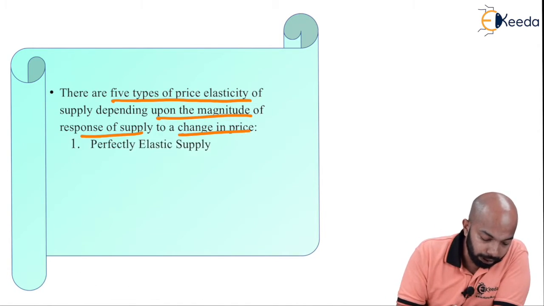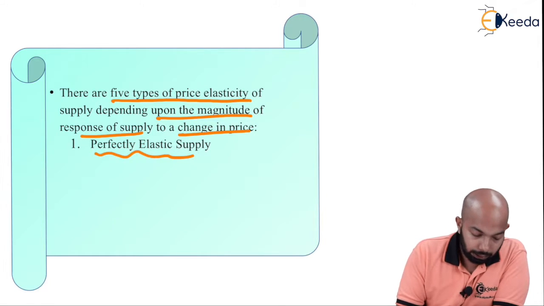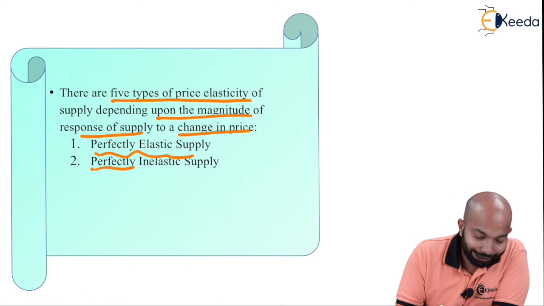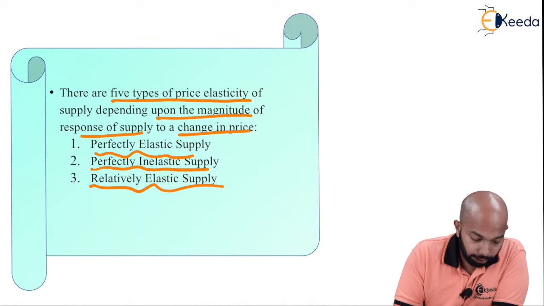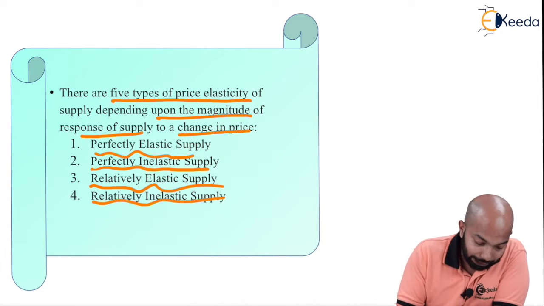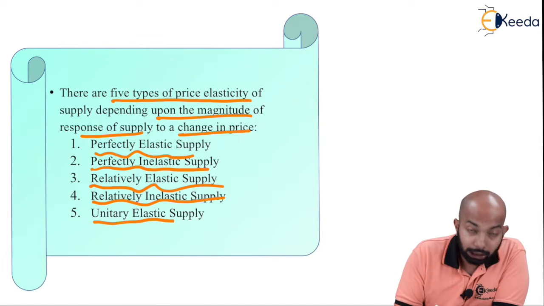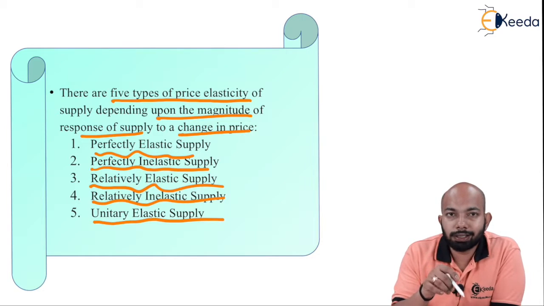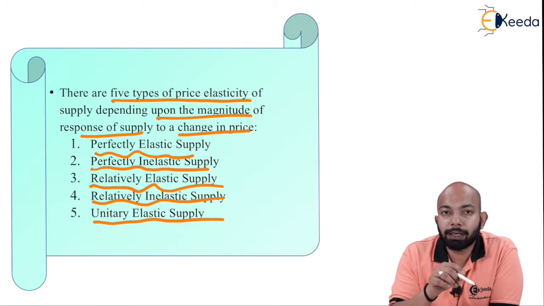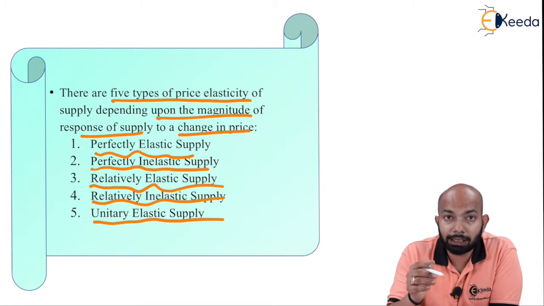The first one is perfectly elastic. The next is perfectly inelastic. The third is relatively elastic supply. The fourth is relatively inelastic. And the last one is unitary elastic supply. So everything remains the same, only the word demand has been replaced by supply, but it changes a lot of meaning here. Hence, we'll be reiterating this whole topic.